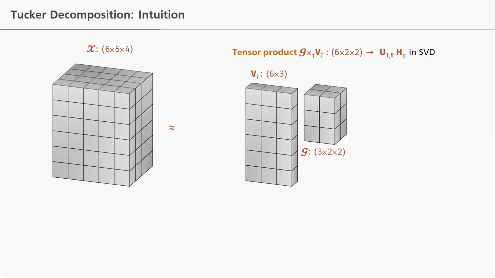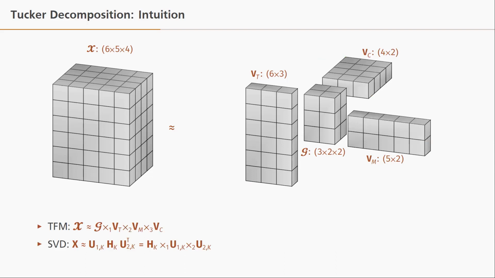Then I do the same thing for the other 2 dimensions. So this is 3 by 2 by 2. I multiply the second dimension by this 5 by 2 matrix.